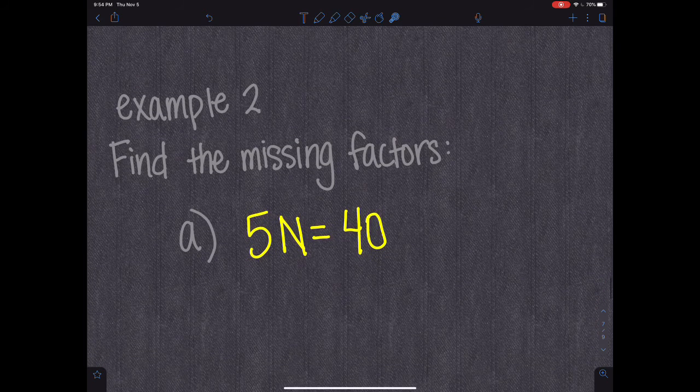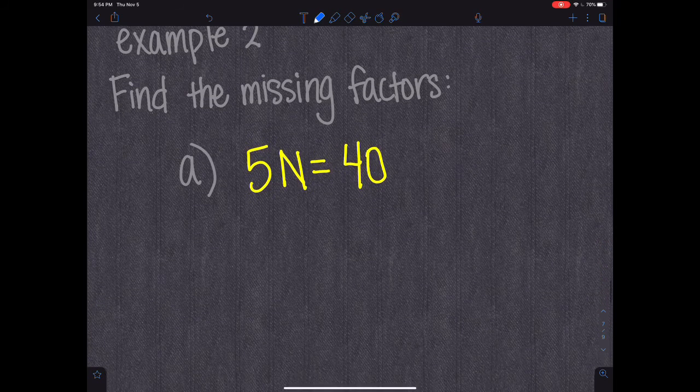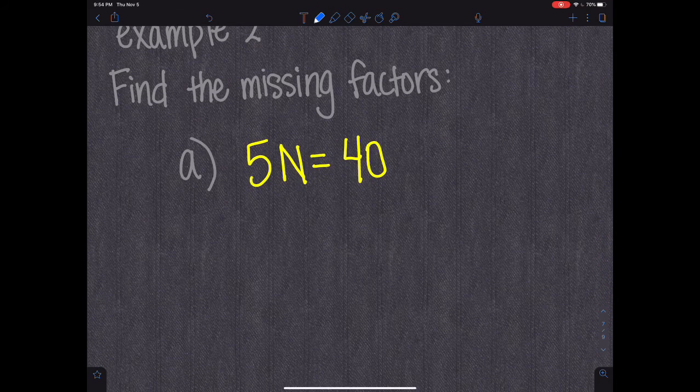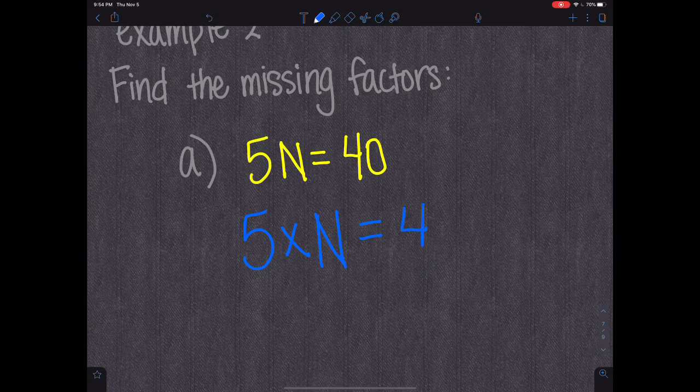It says, find the missing factors. So these are the things that are missing. So 5n equals 40. What this means is 5 times a number that we don't know is equal to 40. So we have to think about what number do we multiply by 5 to get 40. And if you know your times tables, you'll get it. If you don't know your times tables, you can say, well, what is 40 divided by 5?